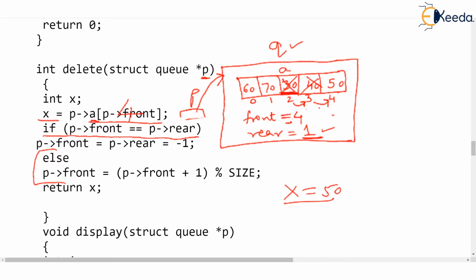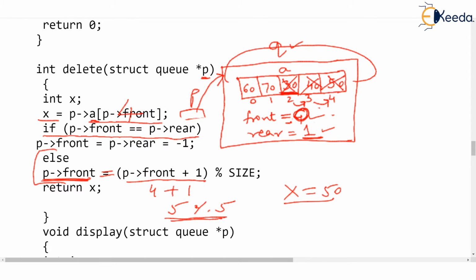And we execute front equal to p arrow front plus 1, which is 4 plus 1, which is 5. 5 % size, which is also 5, the remainder is 0. That means the new value of p arrow front, which was 4, becomes 0. I hope you're understanding. Yes, of course, after deleting 50, front wraps around and says now 60 is the frontmost.